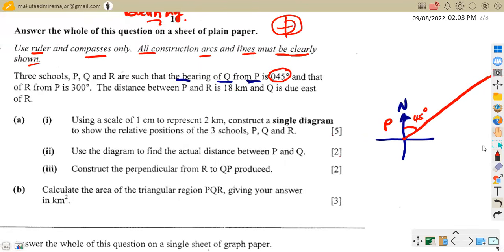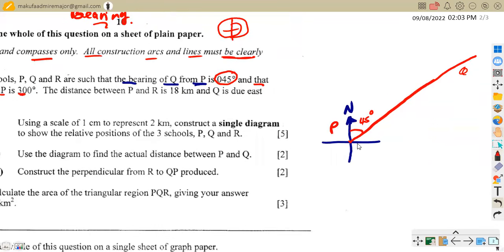We are now given this point, and that R is actually 300 from P. That is, R from P is 300 degrees. Okay, so from P, which means we are referring to the same point, which is this P. There is a 300 degrees, and 300 degrees, we know that that one is in the fourth quadrant. Remember, this is 90, 180, 270, 360. So 300 is somewhere in this quadrant like this.